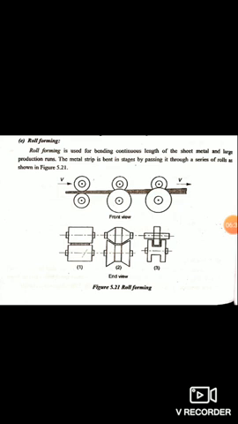Roll forming is used for bending continuous lengths of sheet metal and large production runs. The metal strip is bent in stages by passing it through a series of rolls. Please see the end view of the section. We can know more about roll forming.